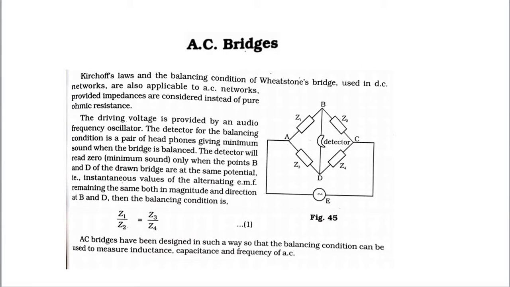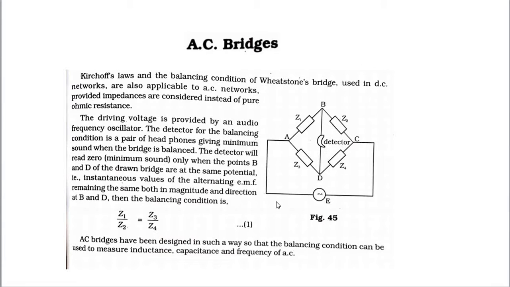In the case of Wheatstone's bridge and Carey-Foster bridge, we used a galvanometer, and in order to balance it we use the deflection in the galvanometer. Here, instead of a galvanometer, we are using a headphone.